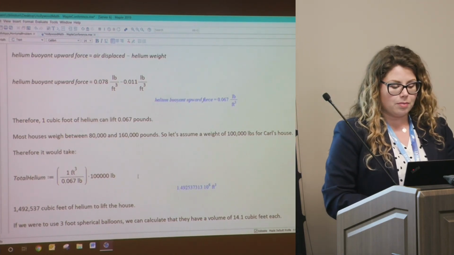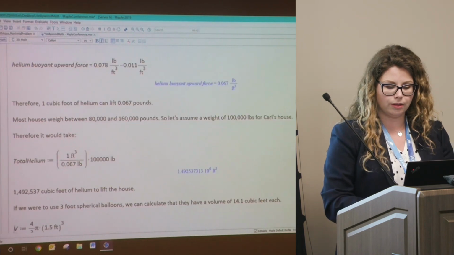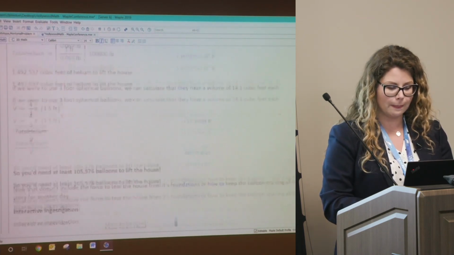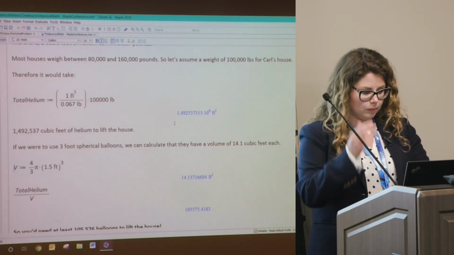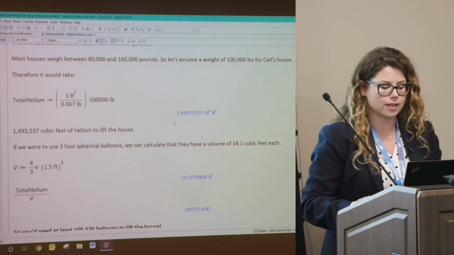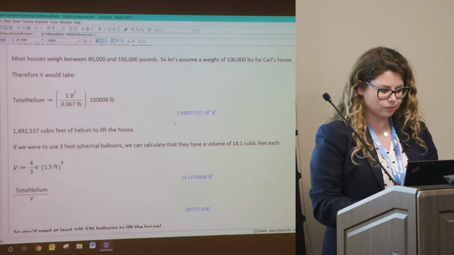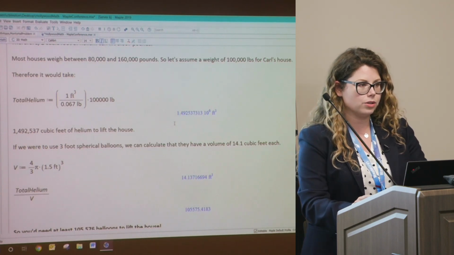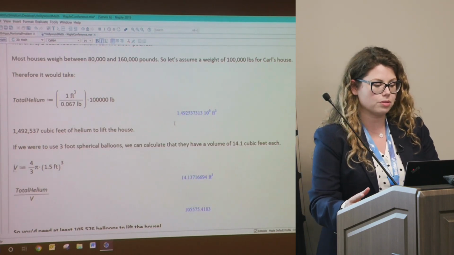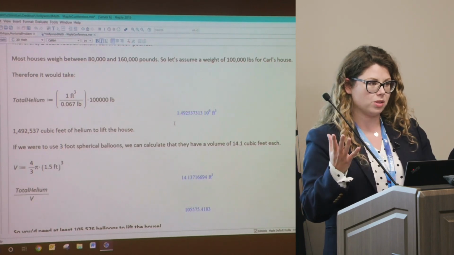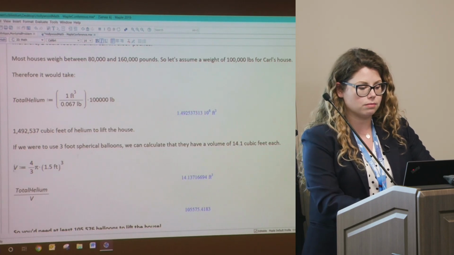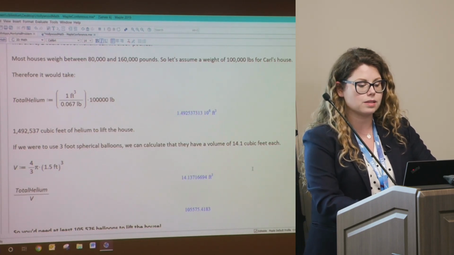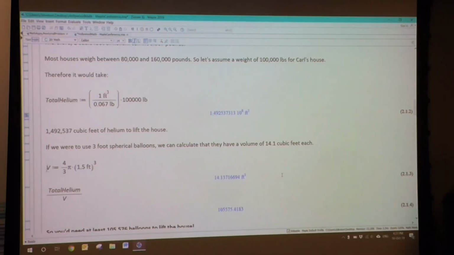Now again, if we plug that into Maple and run the calculation, we end up with 1.49 times 10 to the 6 cubic feet. Now, if we were to use quite large spherical balloons, let's say 3 feet, since they're quite big in the movie, we can calculate, using these same equations, that they each have a volume of 14.1 cubic feet.